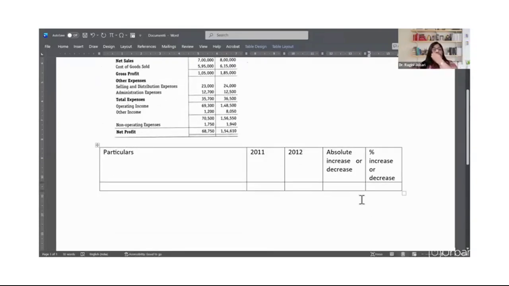Now, how do I find this percentage increase or decrease? There is a formula for this.